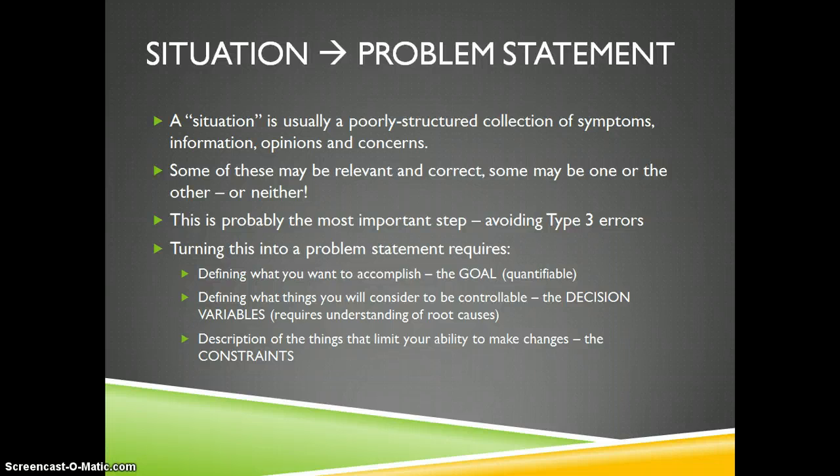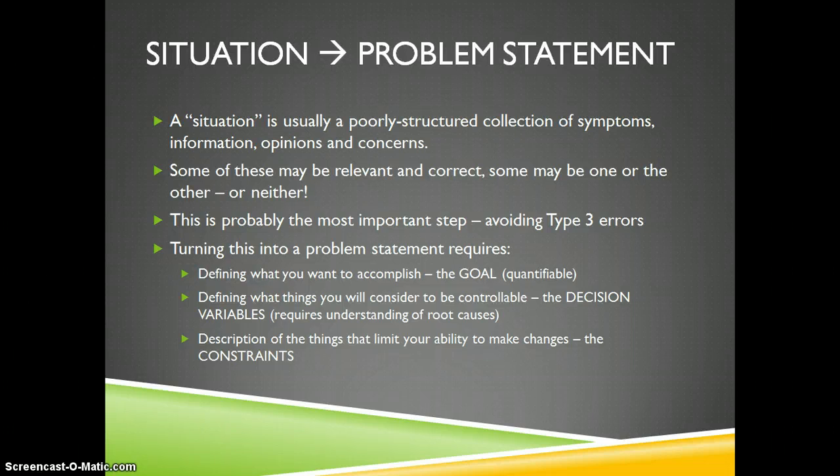A problem statement has three essential elements that you have to be able to articulate to say you've got it right. One is the goal that you're trying to accomplish, something quantifiable. Usually something like profit would be a good choice, but it's not always the one that you're concerned about. Second, you must define what things you're going to allow yourself to control in this situation.